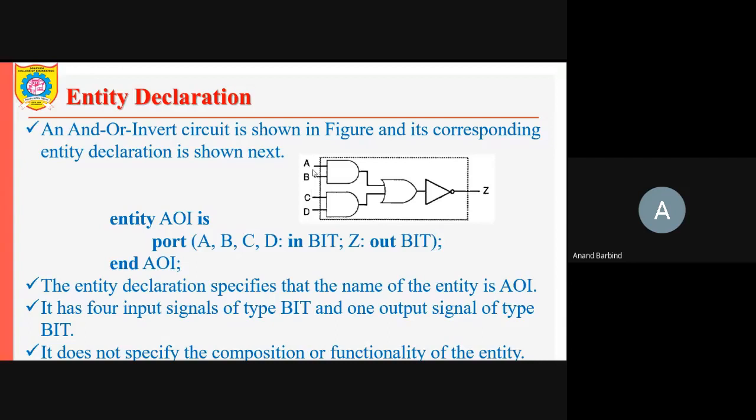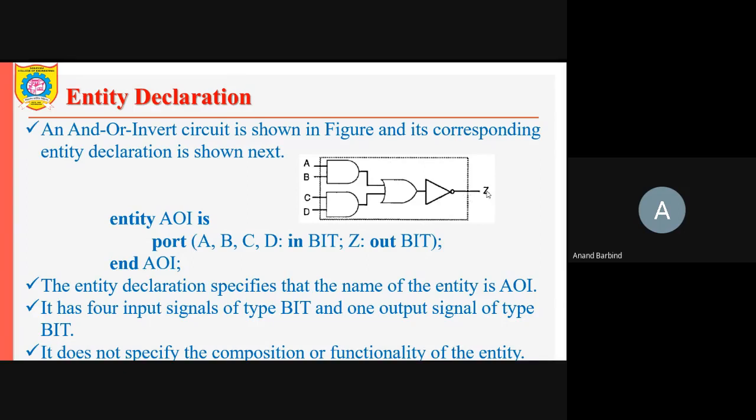So the values taken by A, B, C, D belong to the bit type. The bit type has two values, that is either 0 or 1. Then it is separated by a semicolon. The input list and the output list of the interface are separated by a semicolon.